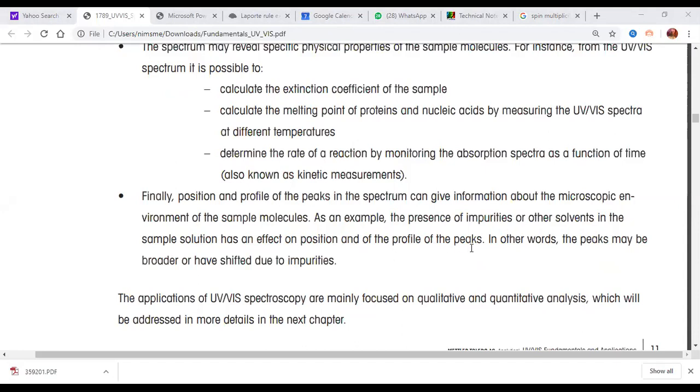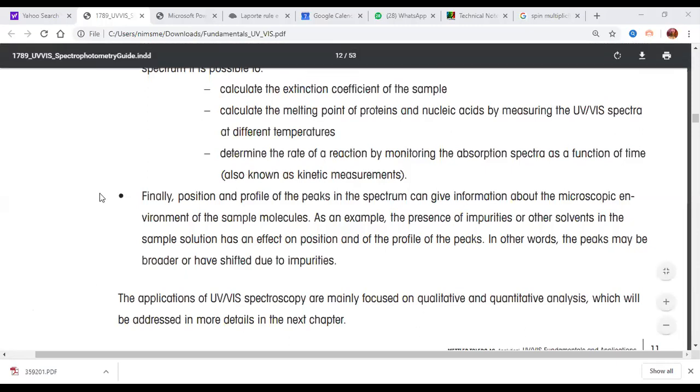The peaks may be broader or shifted due to impurities. There may be bathochromic, hypsochromic, hyperchromic or hypochromic shift. The peaks can change, or they may become broader. Understood?